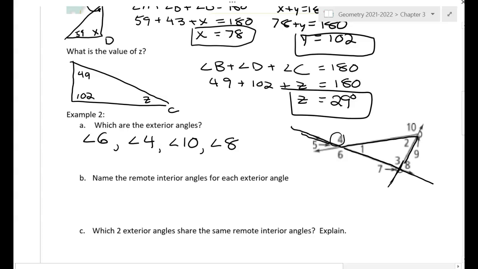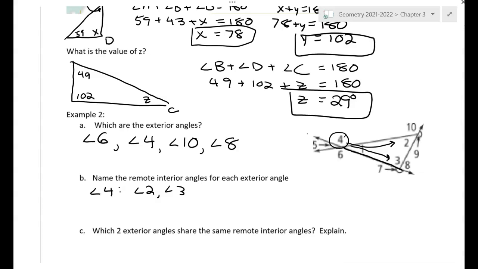Well, the remote interior for angle 4 is going to be angles 2 and 3. So start from angle 4 and go across. So not angle 1, but angle 2 and angle 3. So then your remote interiors for angle 6 are also angle 2 and angle 3.